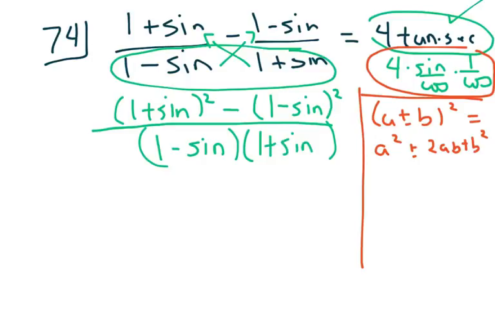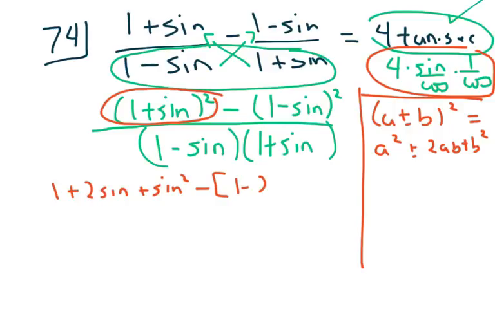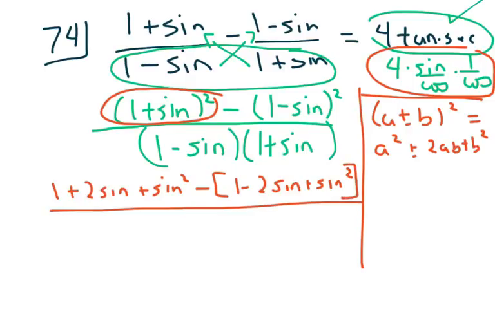So in the top we have 1 plus 2 sine plus sine squared. That's this part. Minus 1 minus 2 sine plus sine squared. Alright. And this is all over 1 minus sine squared.